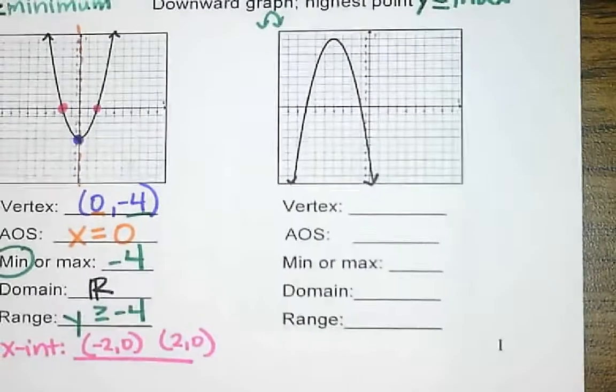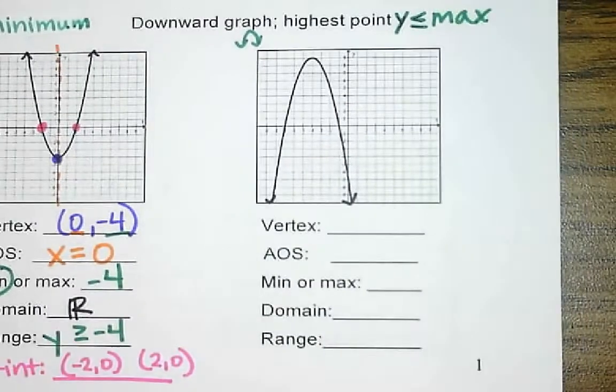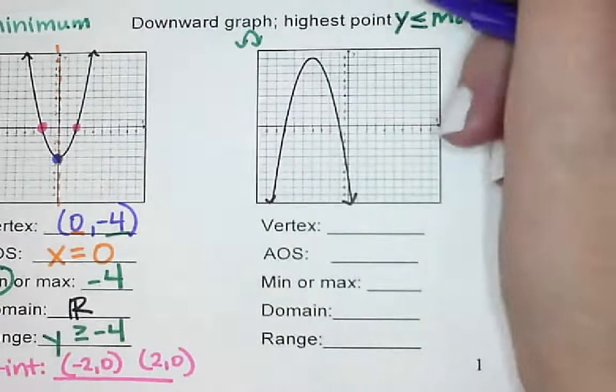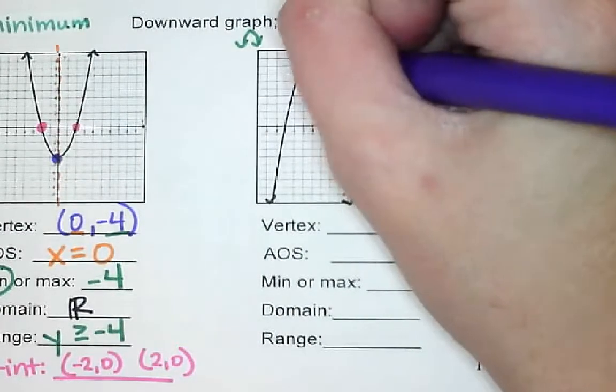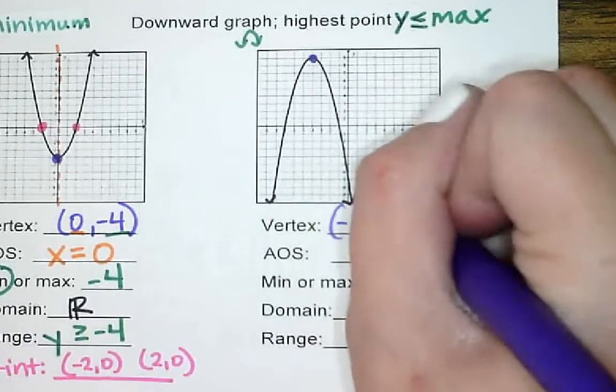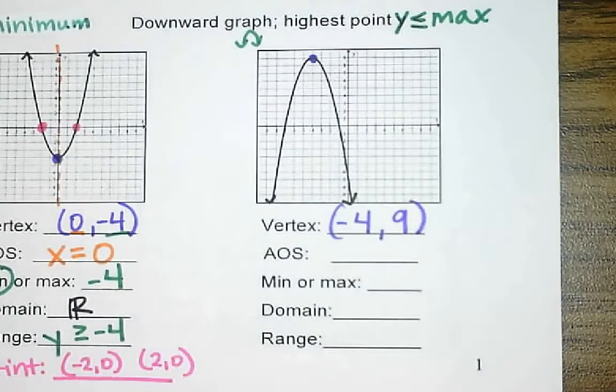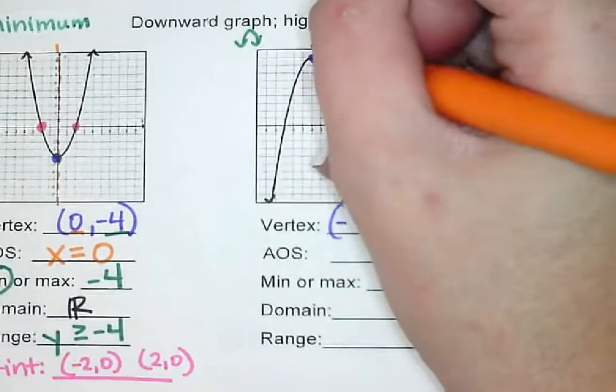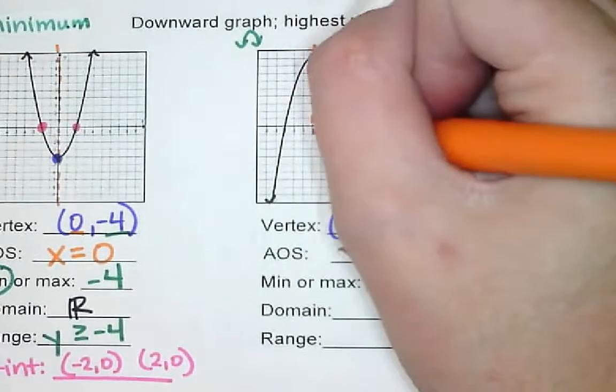All right, now let's look at this guy. So can we identify the vertex in this last graph? Is it -4, 9? Yeah. Yep, -4, 9. Excellent. Okay, so once we identify that, can we recognize what our axis of symmetry is, y'all? What's it going to be?